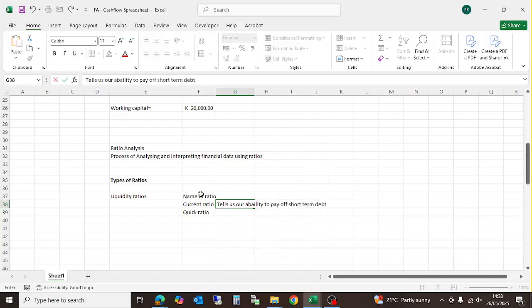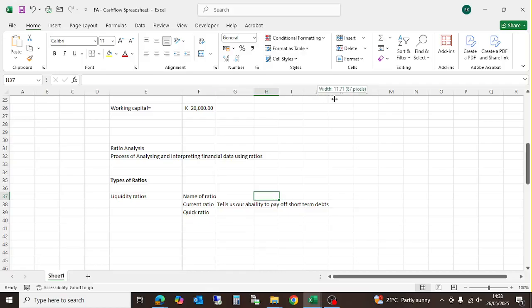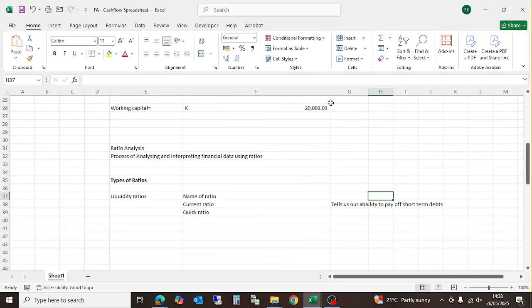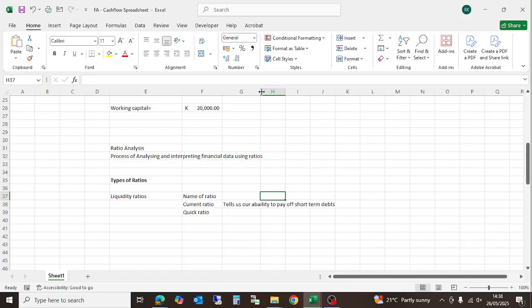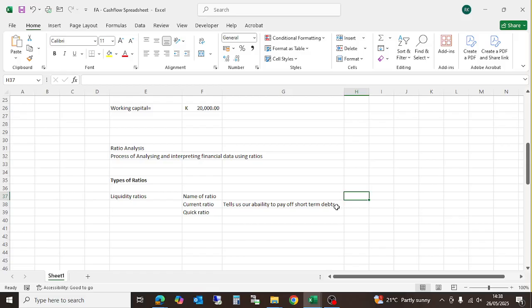Okay, so the formula for the current ratio, just give me a second. I just want to pull this. I was pulling something different. Okay, let me pull this.